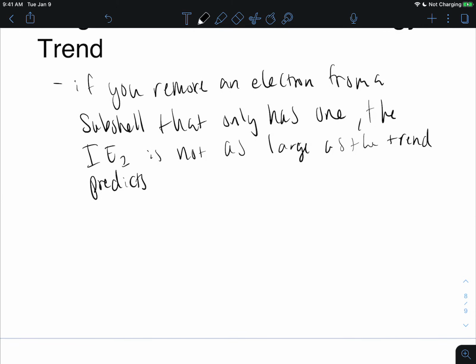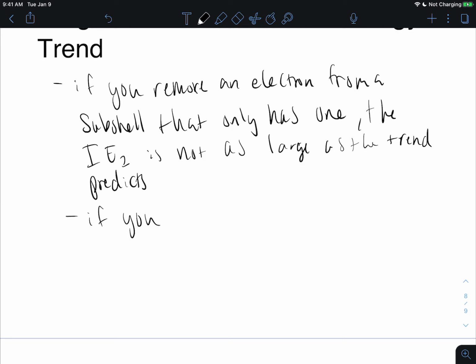Another thing that we sometimes see is if we remove an electron from a subshell that has only one paired electron, and then we go to one where we have all unpaired electrons, that will also have an irregular trend.